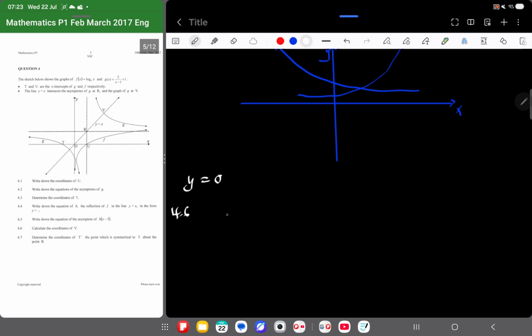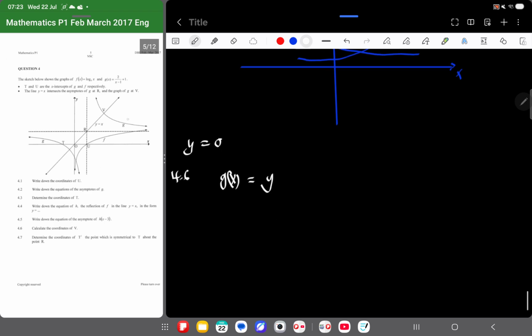Let me first say g of x equals y, and we know y equals x in that line. So 2 over x minus 1 plus 1 equals x.